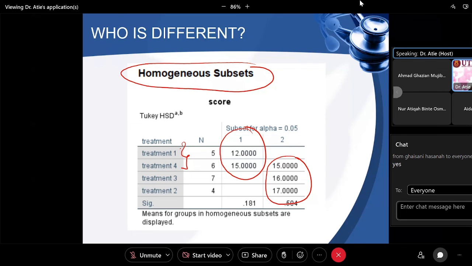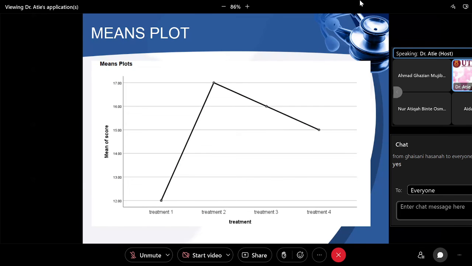And then another best thing that we can produce is something we call the means plot. The means plot is plotting all the means for each treatment, so we can see who is actually different from another. What we can see is obvious: treatment 1 and treatment 4 are very far apart, so we can conclude that they are very, very different.